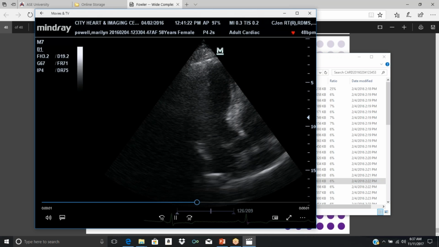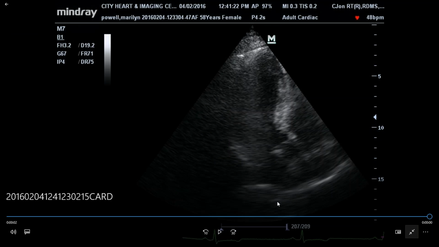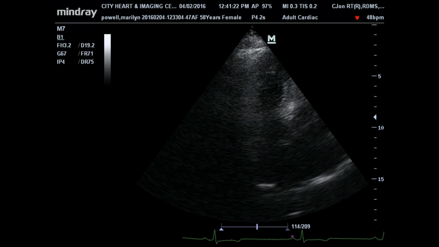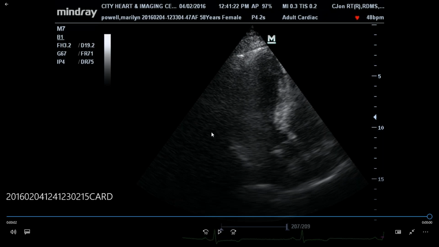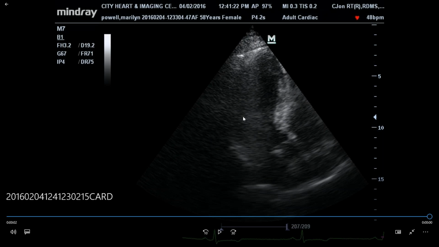This is your apical 3-chamber view. So to get your apical 3-chamber view, you're going to turn the transducer a little bit more counterclockwise. And this is the image you're supposed to get. So it should be imprinted in your brain. Once you get that image, you just stop. This is what we call the inferior lateral wall there.